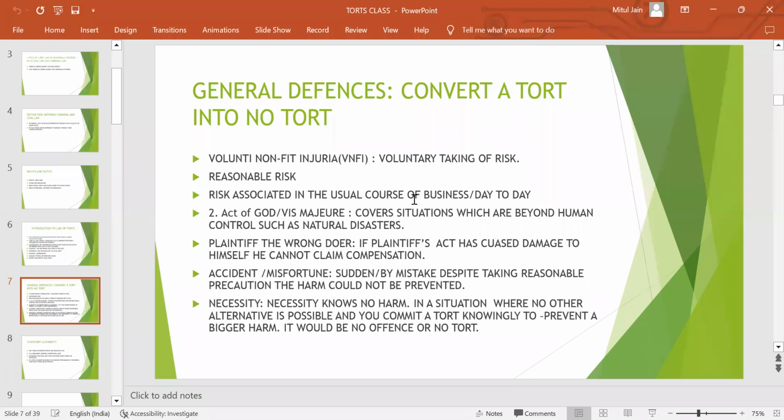Another example of this could be, suppose you are living in a house and an earthquake comes and the building falls. Can you claim compensation from the builder? Yes, class. You can claim compensation, Shikha. That is what you're saying.